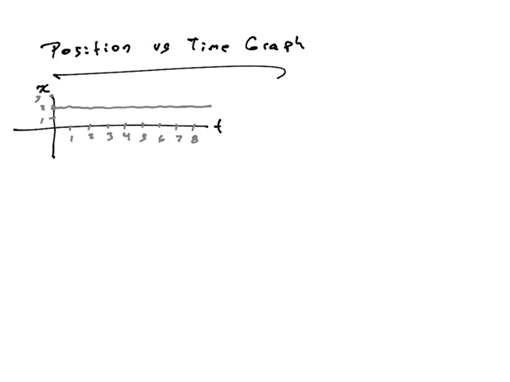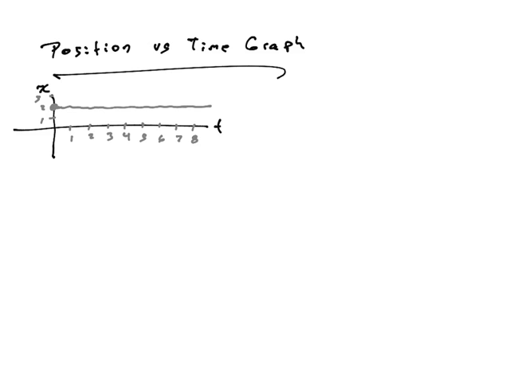I want to see, what does this tell me? What's the story that goes with this graph? What you should be able to do is look at the graph and literally read off what's going on. Position versus time: the function that I graph here tells me where the object is located at each period of time. At t equal to 0, when it first starts, the position of the object is at the 2 meter mark.